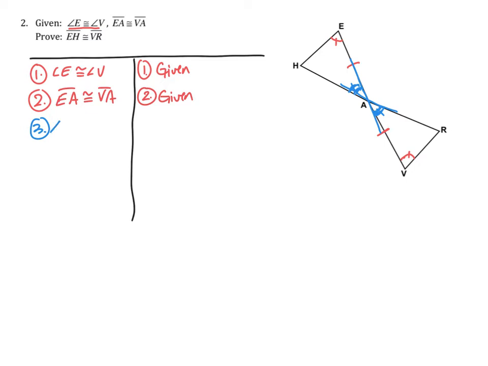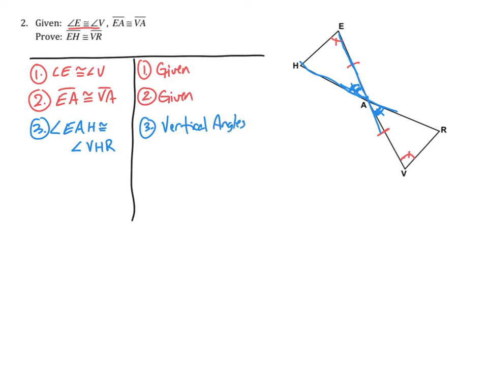So I can say angle, no, I cannot say angle A. So I'm going to say angle EAH is congruent to angle. Now if I go E, I follow the congruent side to A and then to the non-congruent side. So that means I have to go angle VAR. And reason 3 is that they are vertical angles.